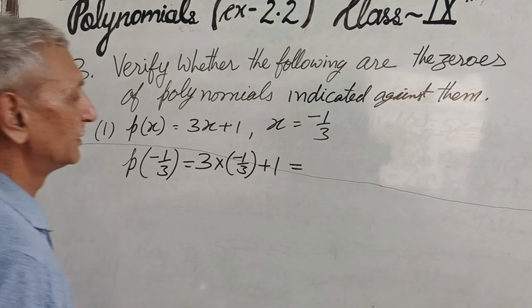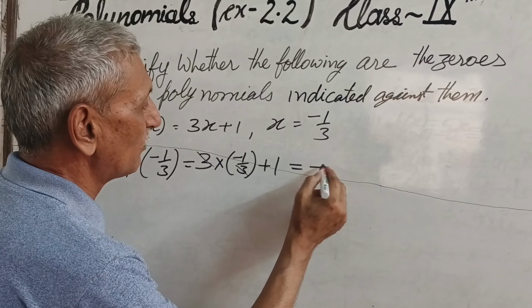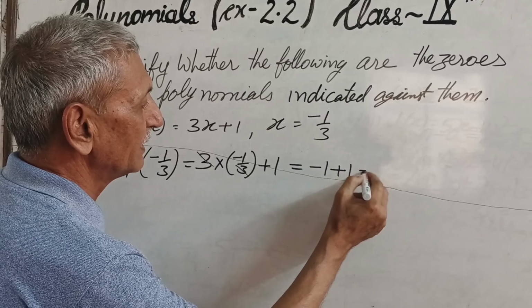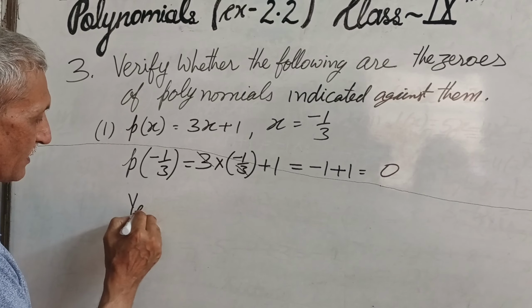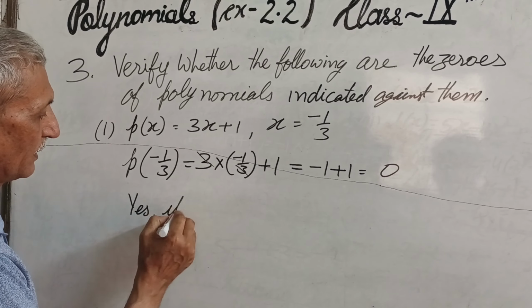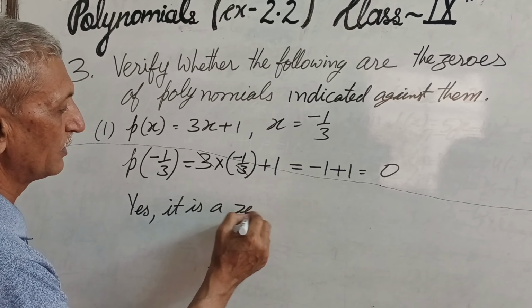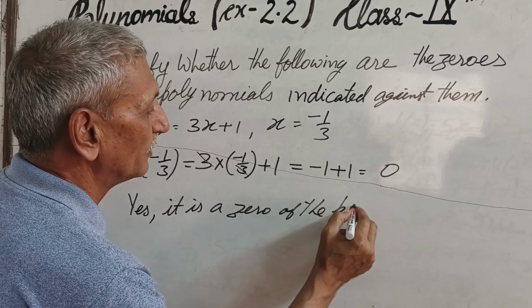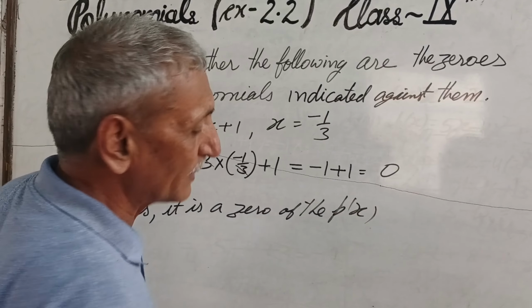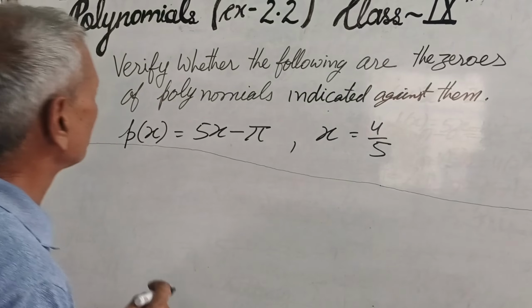That should give you, see, this 3 cancels 3. This will give you minus 1 plus 1, that is 0. So you can write yes, it is a zero of the polynomial. Right, friends?